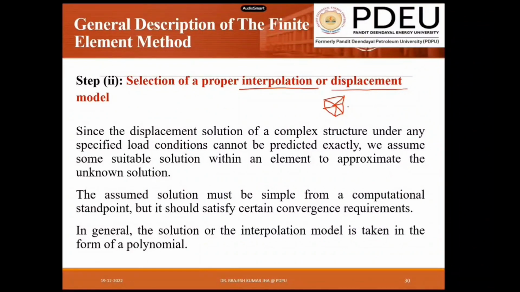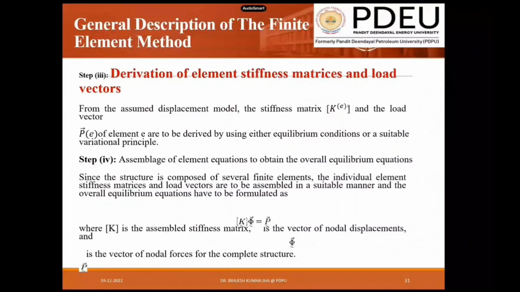First, we will go through the steps of the finite element method. Then we talk about the derivation of the element stiffness matrix or load vector. These are words related to different books. Suppose you are talking about a mathematics book, less technical words are used, but in mechanical problems, you will see more technical words as well.